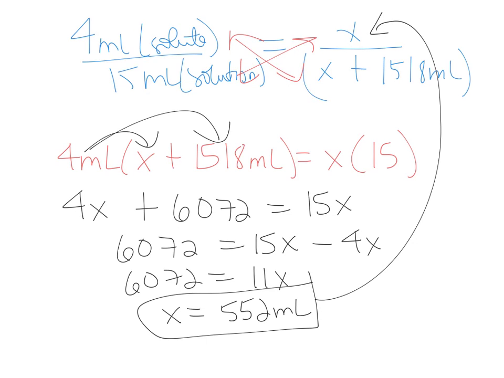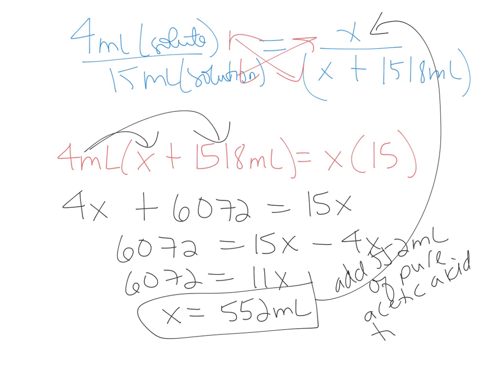So the answer here would be you would add 552 mils of pure acetic acid to the 1.518 liters of water to get a 4/15 ratio or strength.